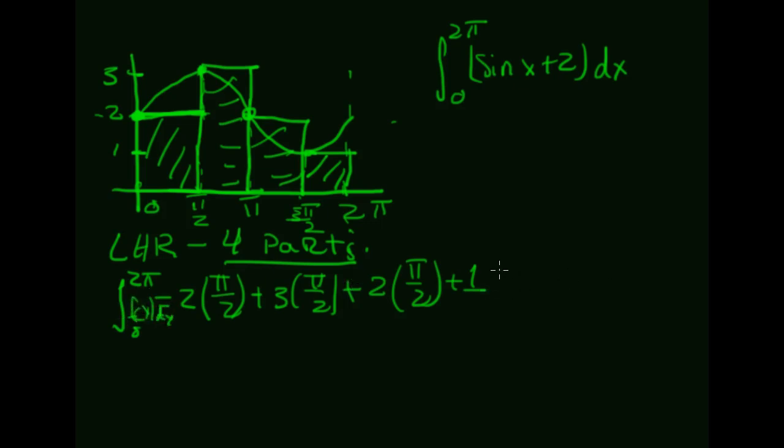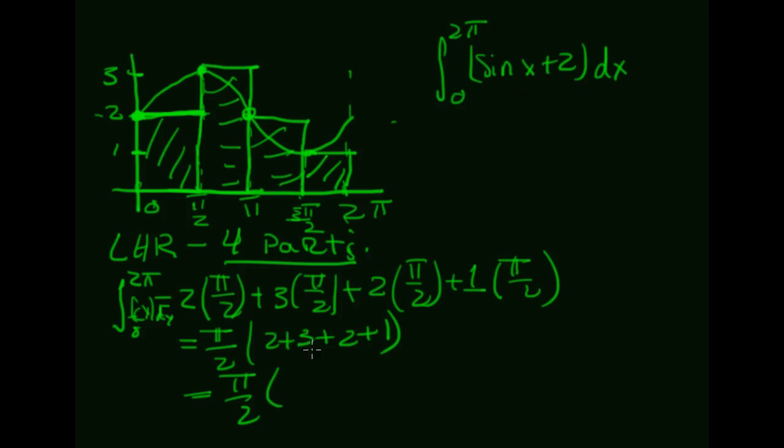Times pi over 2. All right, this allows me to factor out a pi over 2 and get 2 plus 3 plus 2 plus 1, times pi over 2. Let's see, 2 and 3 is 5, and 2 is 7, and 1 is 8. So that's just going to work out to be 4 pi. So my estimate by left-hand estimation is 4 pi.